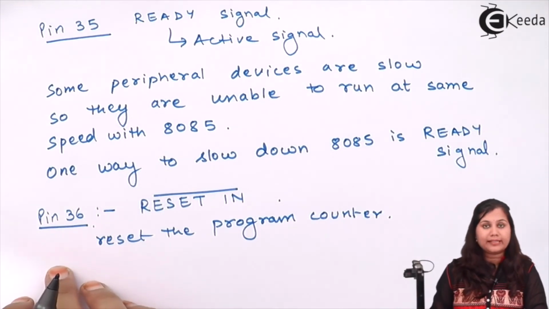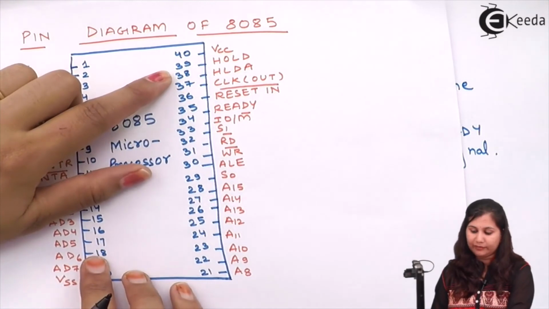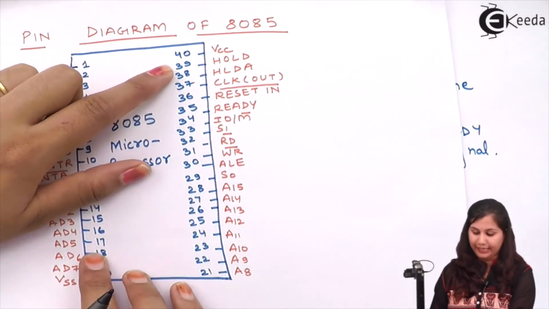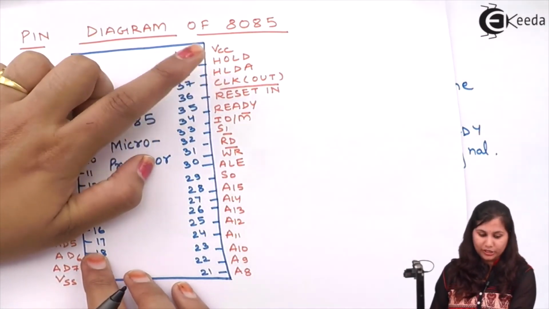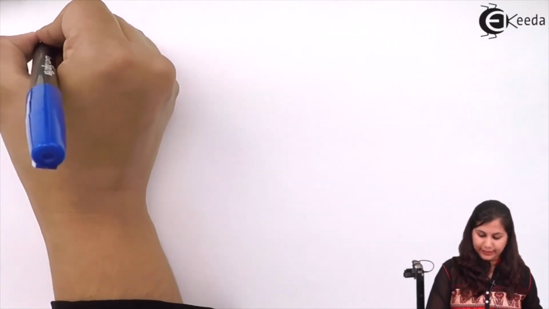Then pin number 37, we have already discussed, it is the clock out signal. Then we have pin number 38 and 39, the hold and hold acknowledge signals.